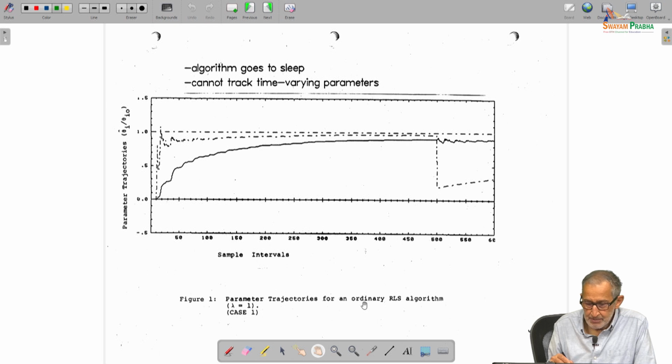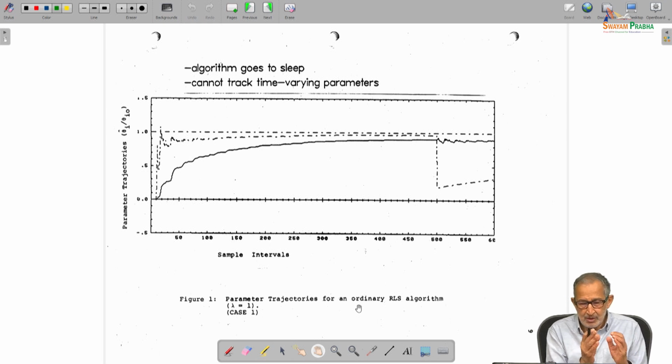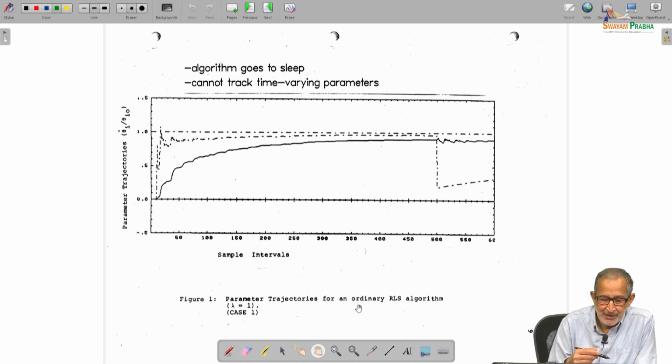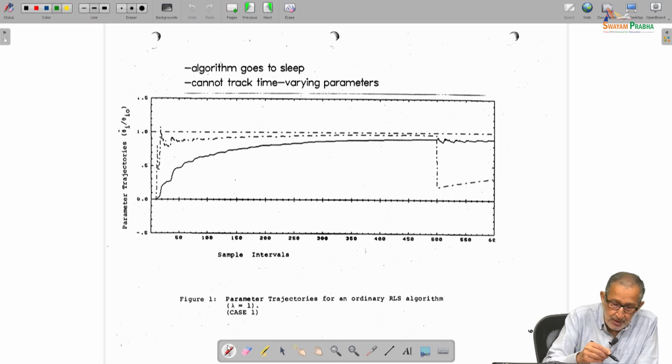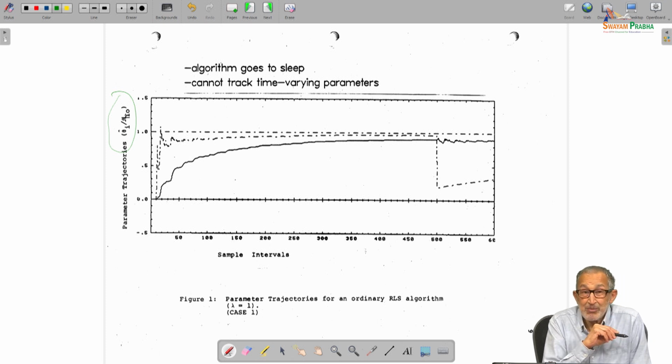for batch or ordinary least squares, if we apply the algorithm that we've just developed, start at time t equals 1, and as you get more measurements, t equals 2, 3, 4, 5, compute the estimate. And what I'm showing you here is the estimated value divided by the true value.